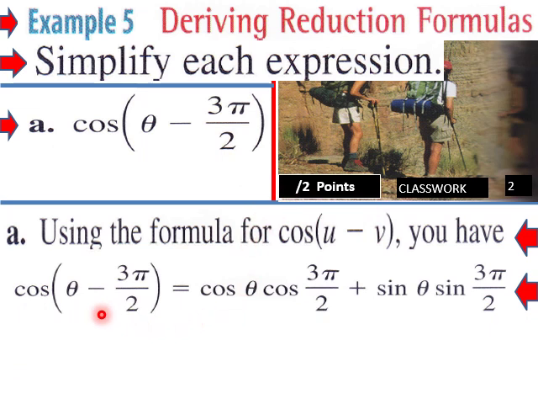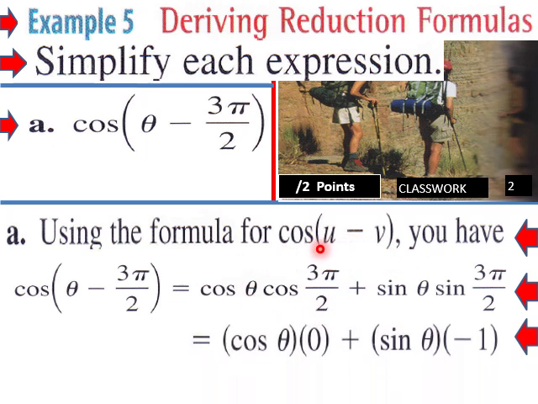Cosine theta minus 3 pi over 2 will equal cosine theta cosine 3 pi over 2 plus sine theta sine 3 pi over 2, following the pattern of cosine u minus v.